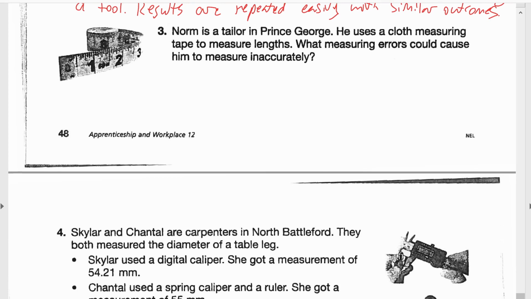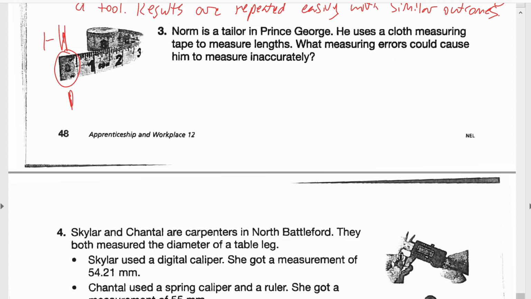Norm is a tailor in Prince George. He uses a cloth measuring tape to measure lengths. What measuring errors could cause him to measure inaccurately? So there's a piece of metal on that end. Maybe he doesn't quite hold that piece of metal in the right spot to the fabric, so that'll give him a little tiny bit of error maybe.